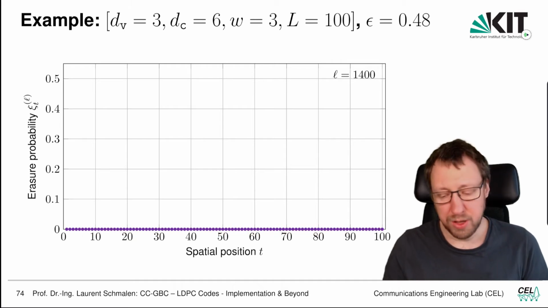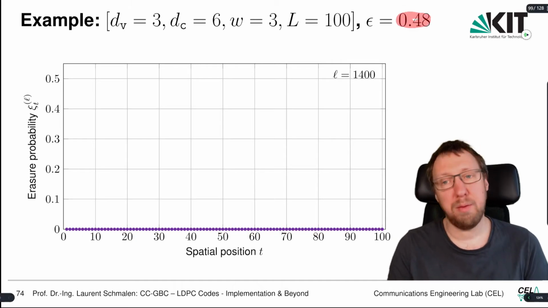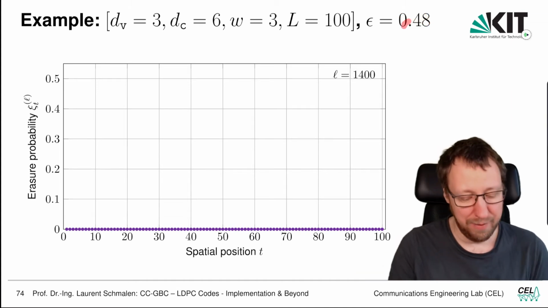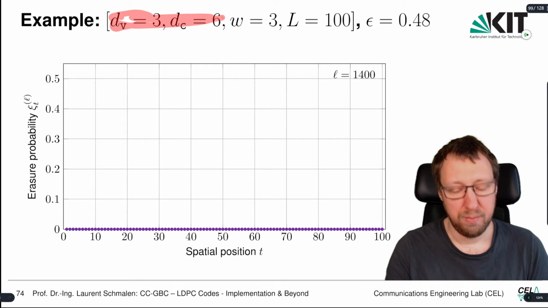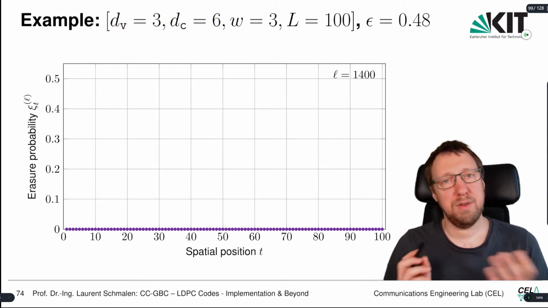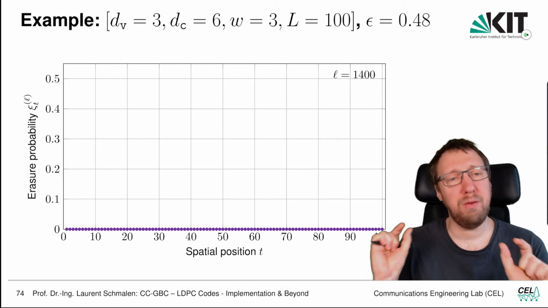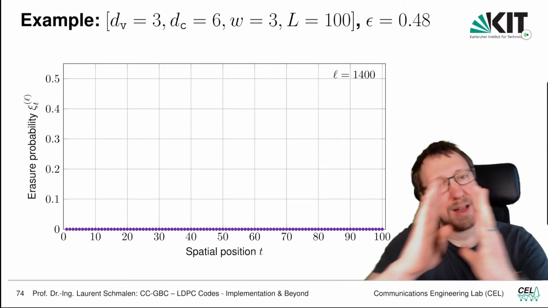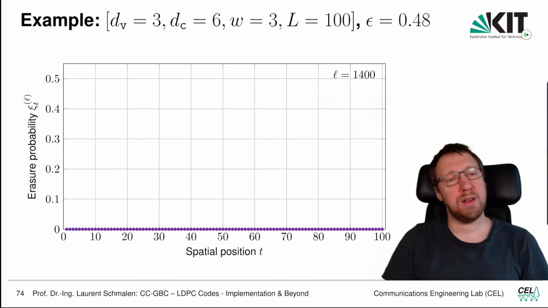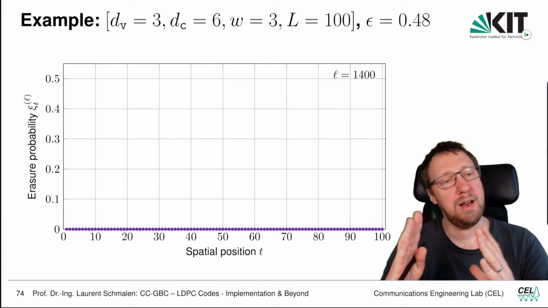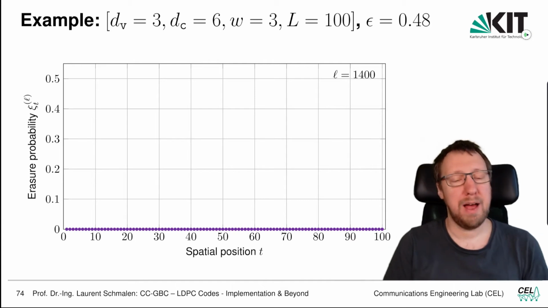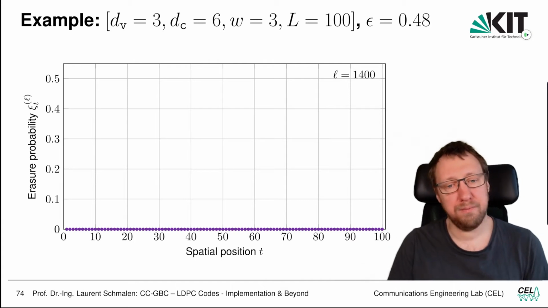So we actually have a threshold that is at least 0.48 just by using the spatial coupling technique and having otherwise the same parameters of our code. This is just because of this small inconsistencies at the boundaries, and these boundary effects, they will push through the code, toward the middle, and help recover everything that we have in our code.